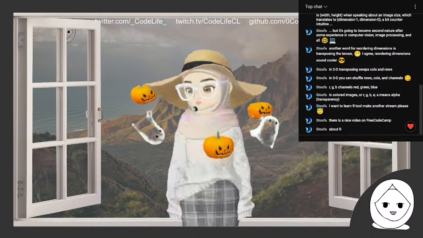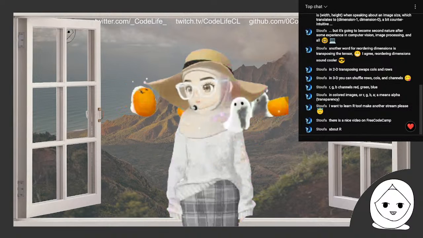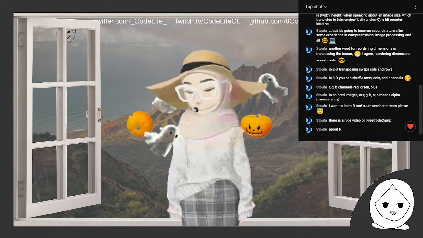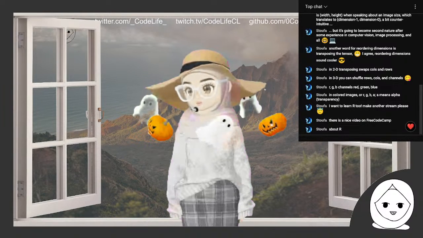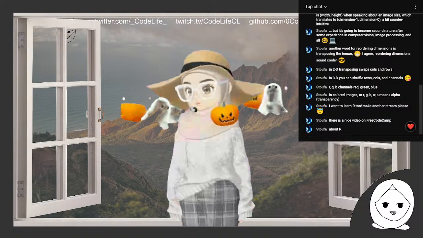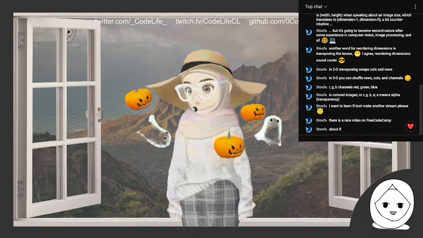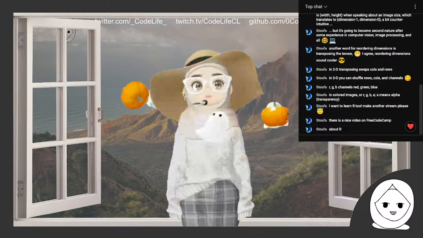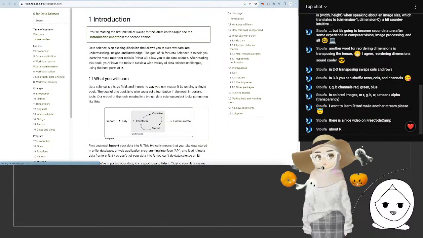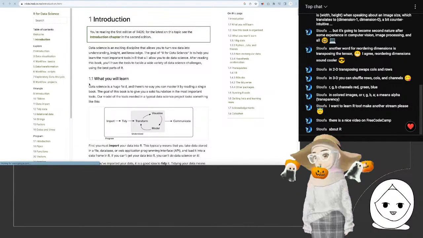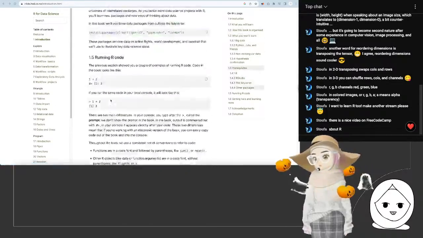I am googling R language. There, yep. R language for data science. I think that's the book, isn't it? Yes. Let me go back to the screen while this is loading. This is the book, right?